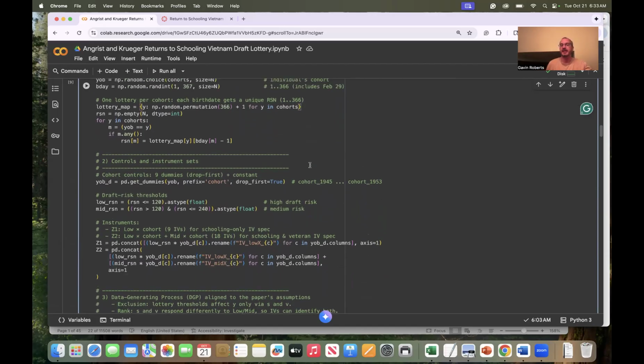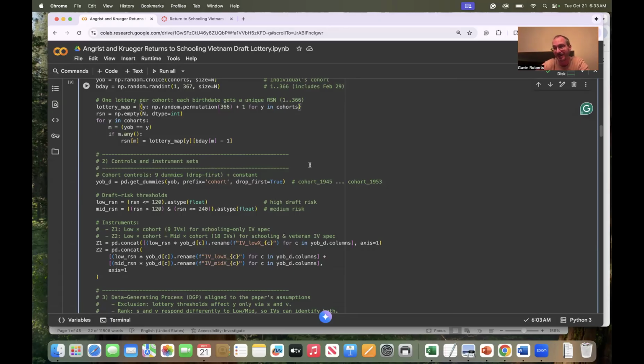The way it actually worked is they basically imagine Powerball and pull a number out, and it says 250. Then they say, okay, the first number we picked was 250, so anybody born on the 250th day of the year gets a lottery number of 1.